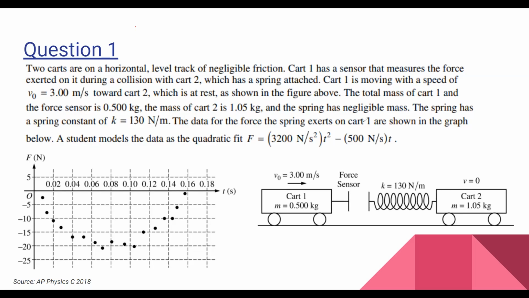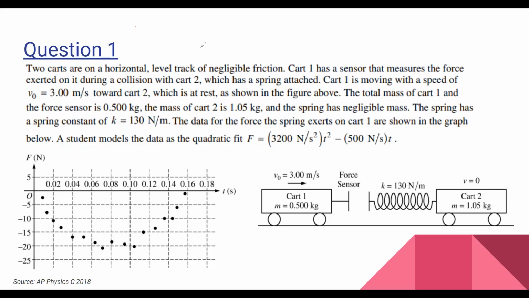The data for the force the spring exerts on Cart 1 during the collision is shown in the graph. A student sees this and models a quadratic equation of fit, F equals 3,200 t squared minus 500 t.